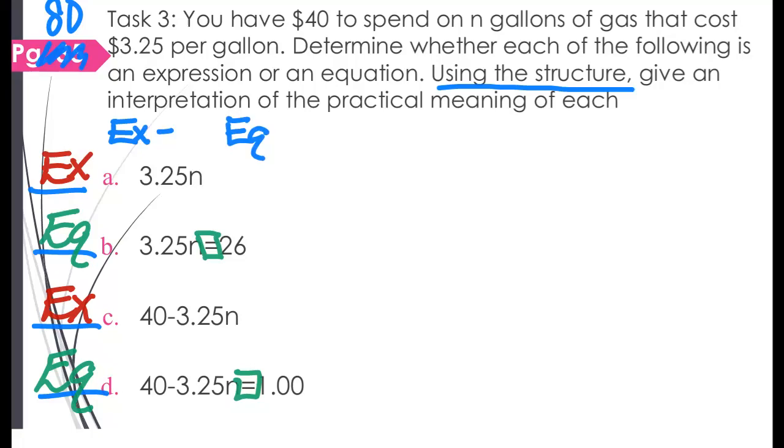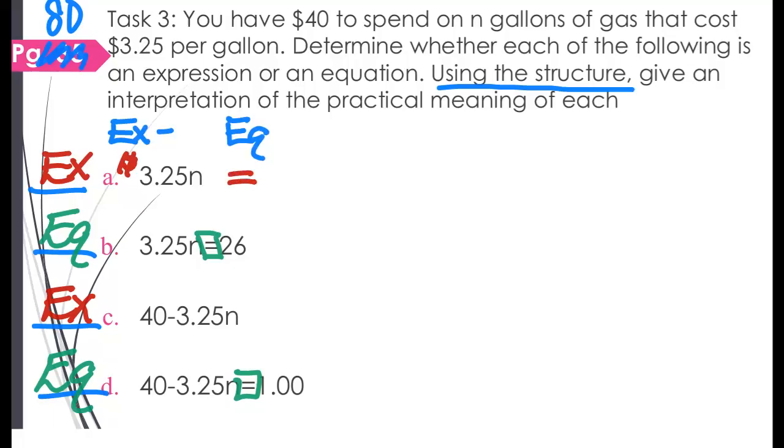Javion, what am I talking about when I say 3.25? Am I talking about inches, fruit flies, peacocks? Yes. And what is the label on that? Dollars. It's $3.25.